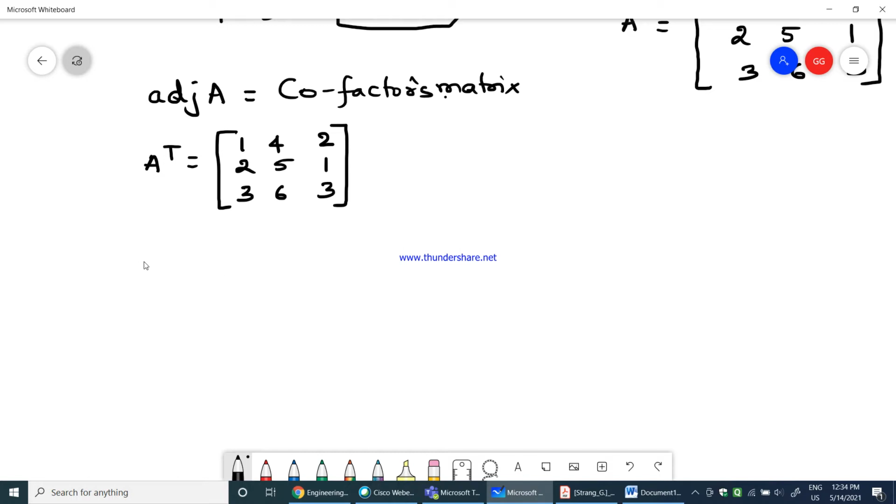So M11 is the minor in terms of this element, M12 will be in terms of this 4, similarly M13 in terms of this 2, and M21 in terms of this 2. Let us see how to find these minors of the given matrix.